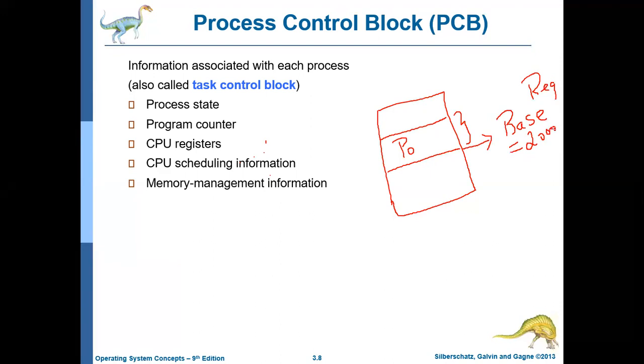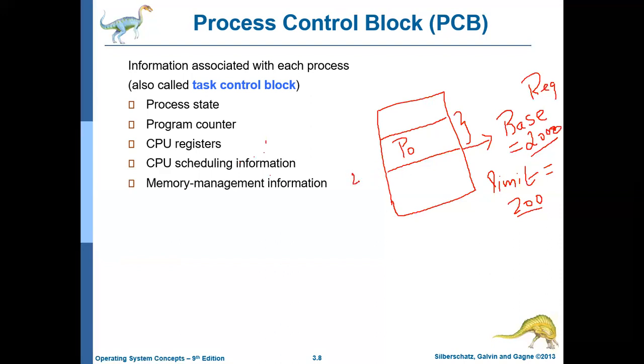That is specified through another register which is called the limit register. So base register contains 2000, whereas limit register contains 200. It means that it can access 200 locations starting from 2000. The maximum it can access is only 200 locations, and its starting location is 2000.